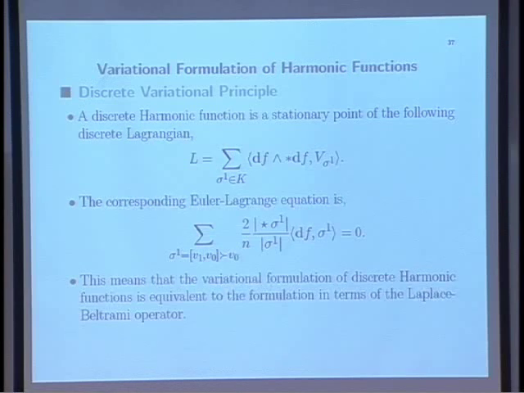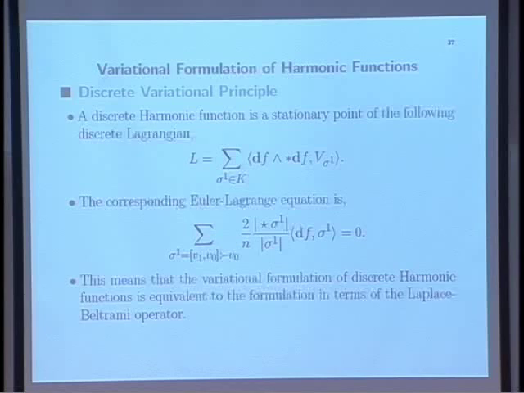Now, of course, you can characterize harmonic functions either in terms of functions which vanish under the Laplace-Beltrami operator or in this variational setting. And it turns out that whether you do it in this variational setting or in terms of the Laplace-Beltrami operator, which I introduced earlier, these things are going to be equivalent.